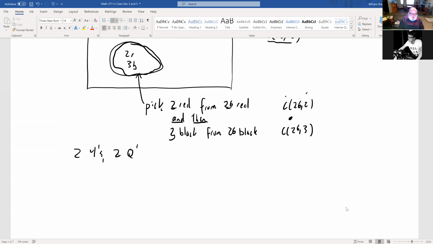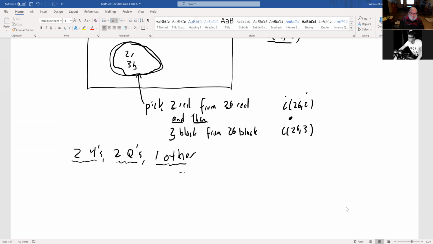Well, you have to keep in mind that we're actually picking 5 cards, right? And I've only specified 4 of them. So we want 2 4s, 2 queens, and 1 other, because we have to have 5 cards. So it's a sequence, right? First I pick these, and then I pick these, and then I pick that.